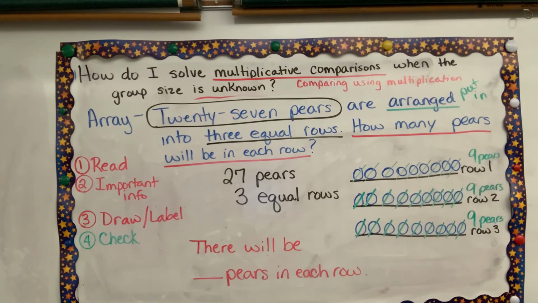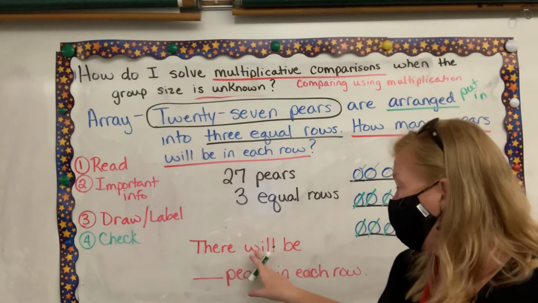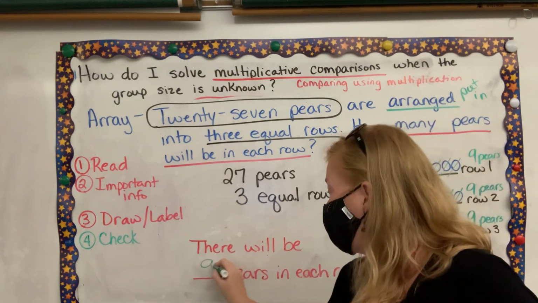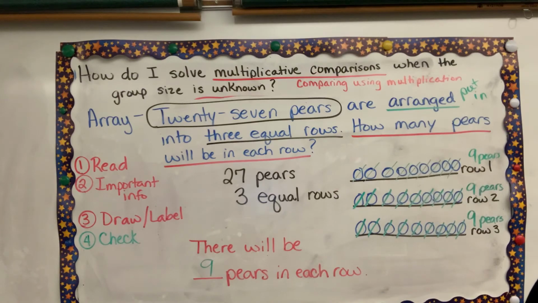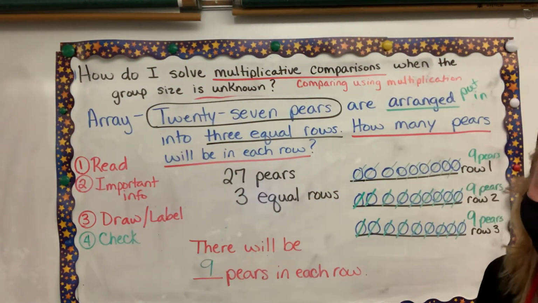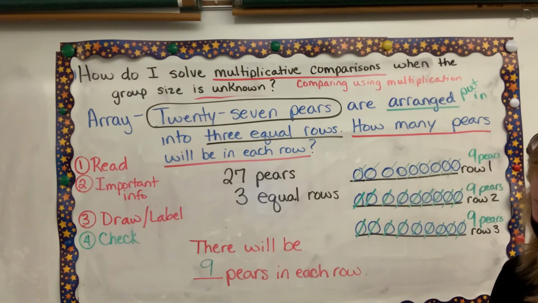So, I think I have done this correctly. So my answer should be: there will be 9 pairs in each row.